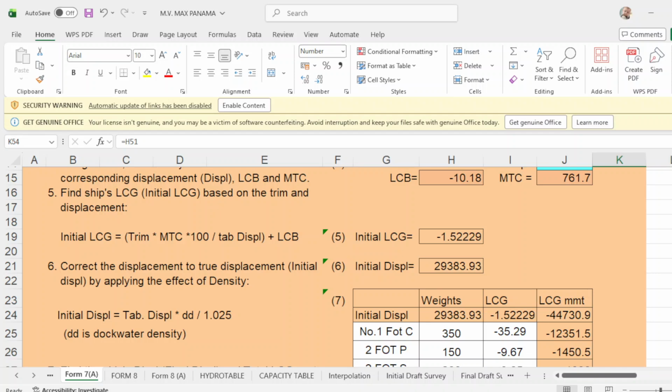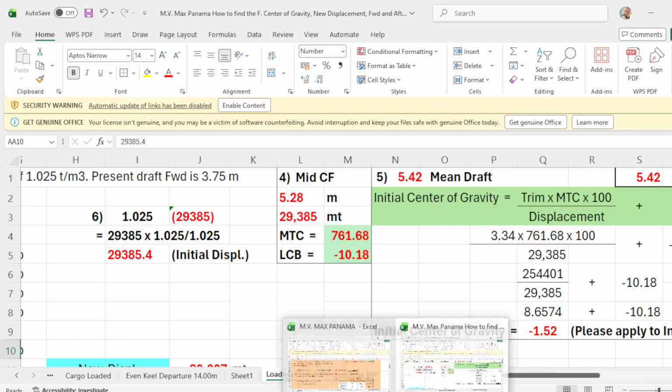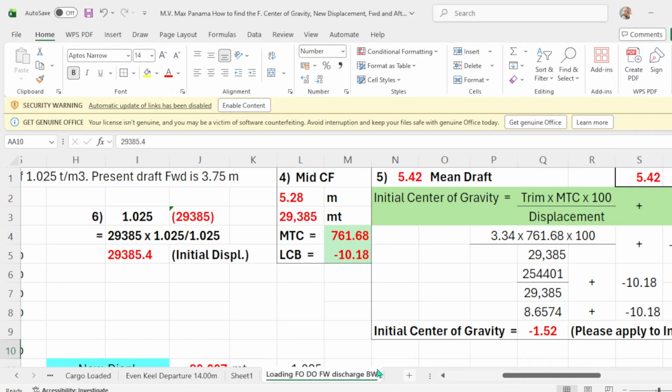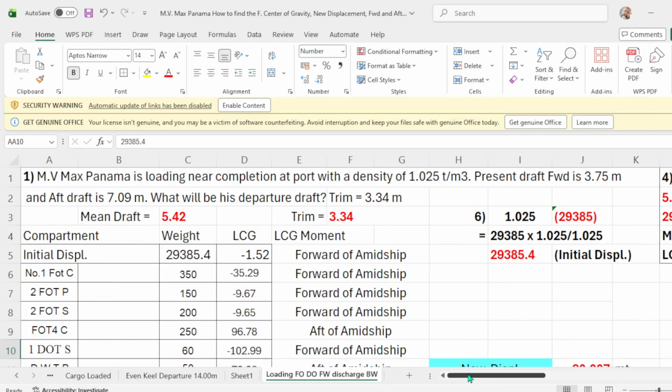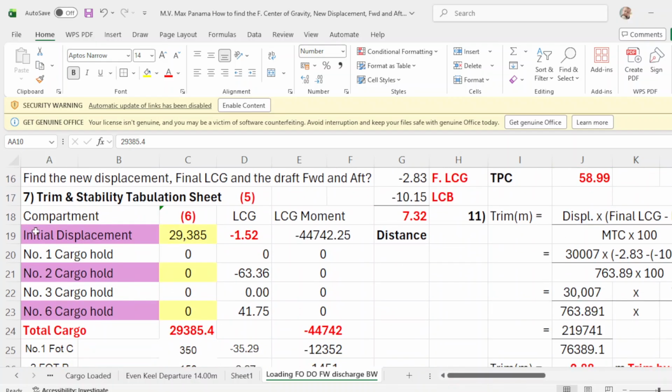Okay, in the program, this will be number 7. Okay, so we go to number 7. Since this is number 6, this is now number 7. Okay, this is the weight. This is now number 7. Okay, so your initial displacement in number 6 is 29385.